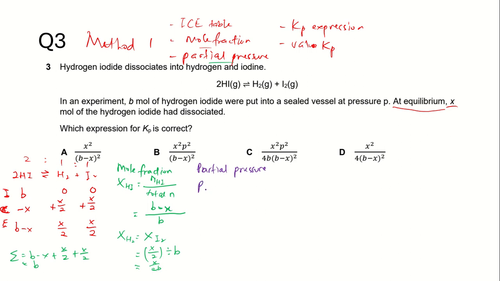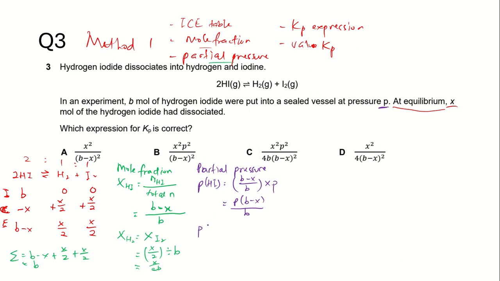Partial pressure of HI will be the mole fraction multiplied by total pressure, where the total pressure is given here as P. So P times (B minus X) divided by B will be the partial pressure for hydrogen iodide.